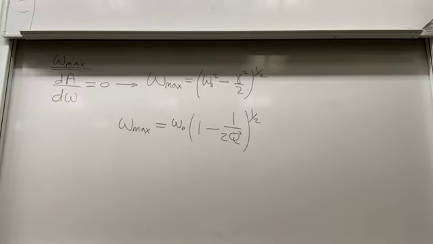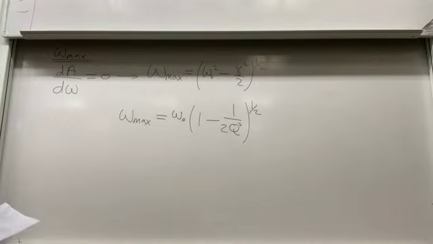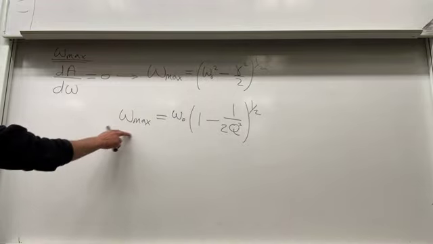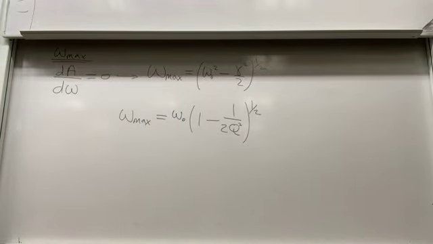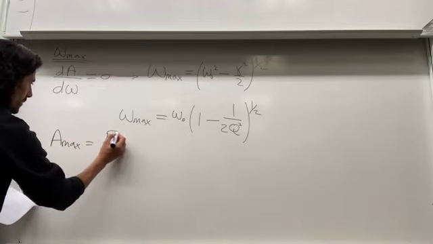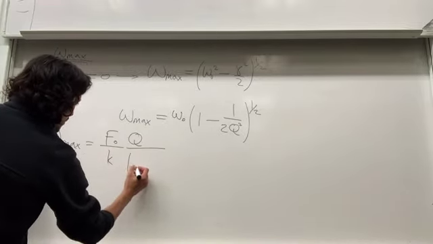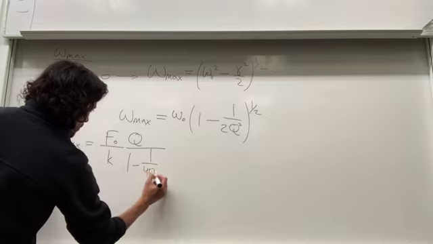All right, so if we know Q now, we can find the difference in percentage, for example, between omega max and omega 0. Let's just take some numbers to have a feeling of physical systems. So the A max would be F0 over K times Q over the square root of 1 minus 1 over 4Q squared.